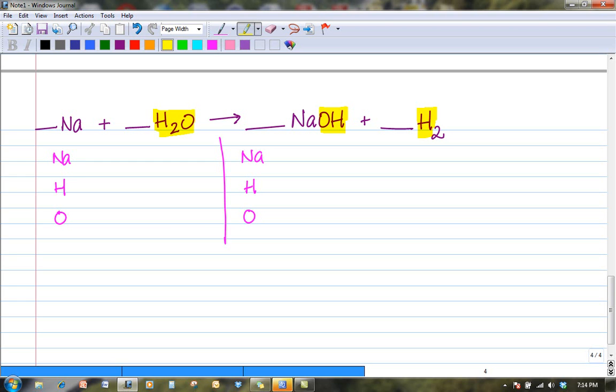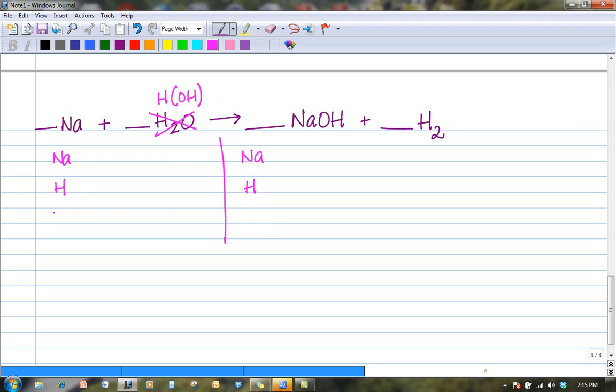Well, in order to make this balancing a little bit easier, what we're going to do, and you can only do this with water, is we're going to rewrite water. We're going to change it from H2O to HOH. And we haven't changed the water, we've just rearranged the components of water. So here's what that's going to do.